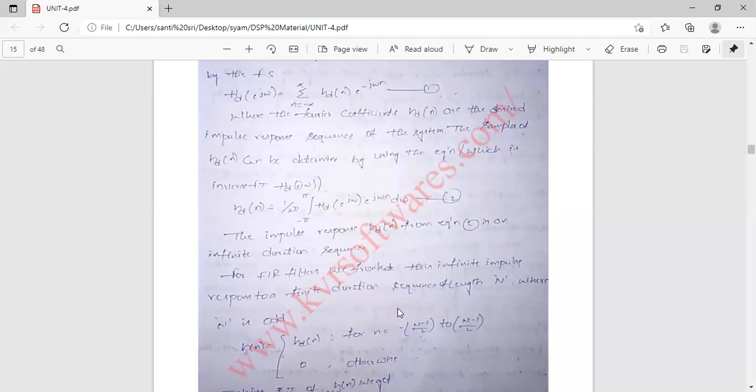So h of n equals HD of n for n equal to minus (N minus 1) by 2 to (N minus 1) by 2, and it is equal to 0 otherwise.